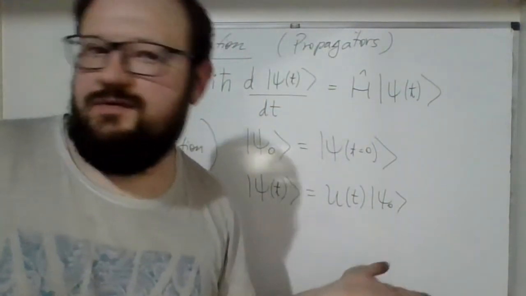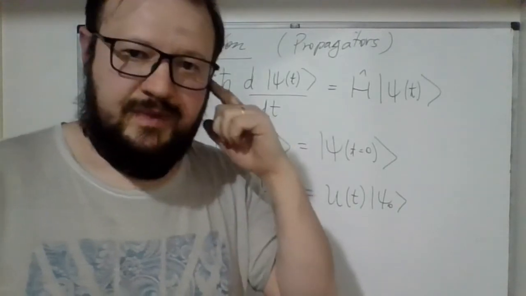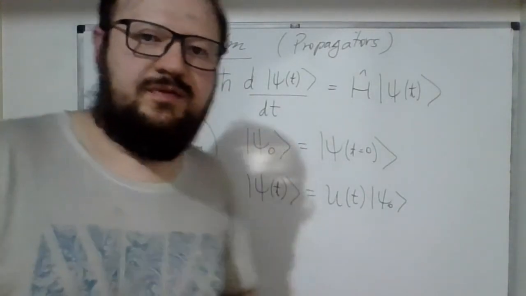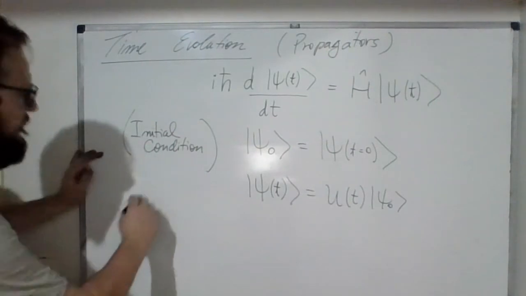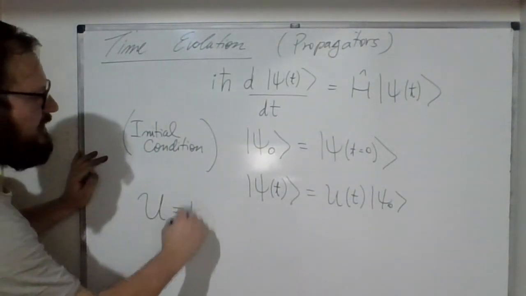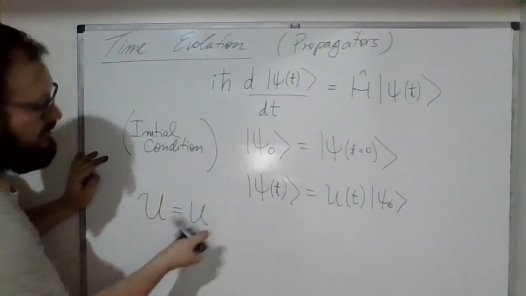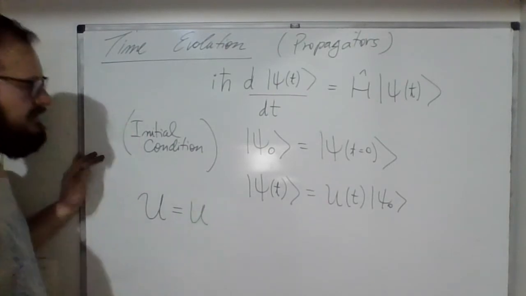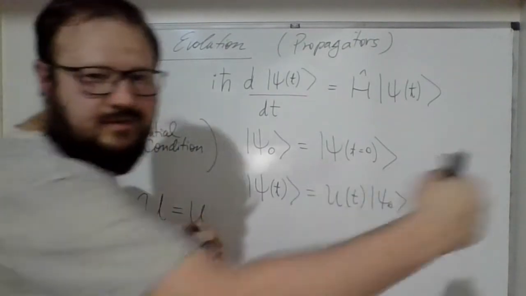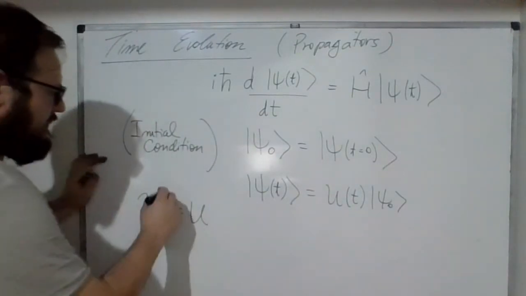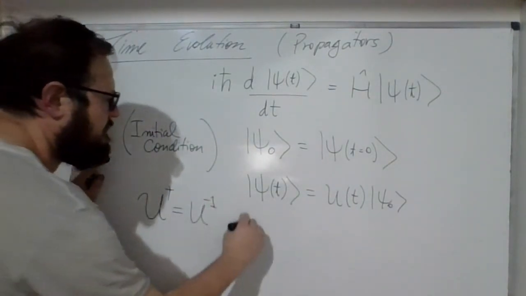But here we are concerned about quantum mechanics, and it's a very important aspect of quantum mechanics that the evolution operators, or the propagators, in the sense of propagating the solution forward, are unitary.